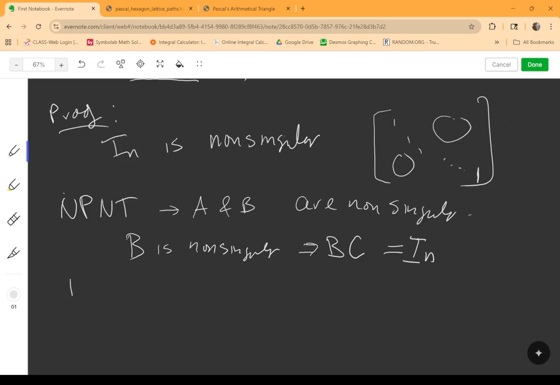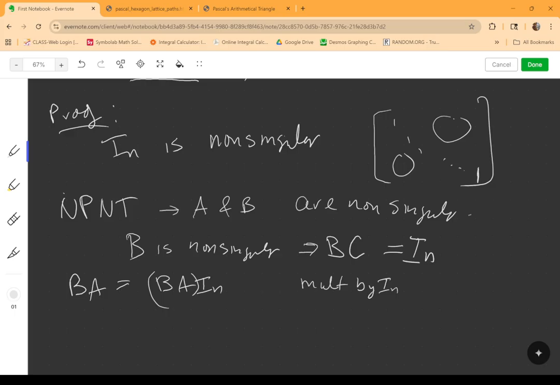So let's start with BA, and BA times In, I could write like this. The way you want to think of the identity matrix is really like multiplication by 1, so it really doesn't change the product BA. Mathematicians love to just multiply things by 1.